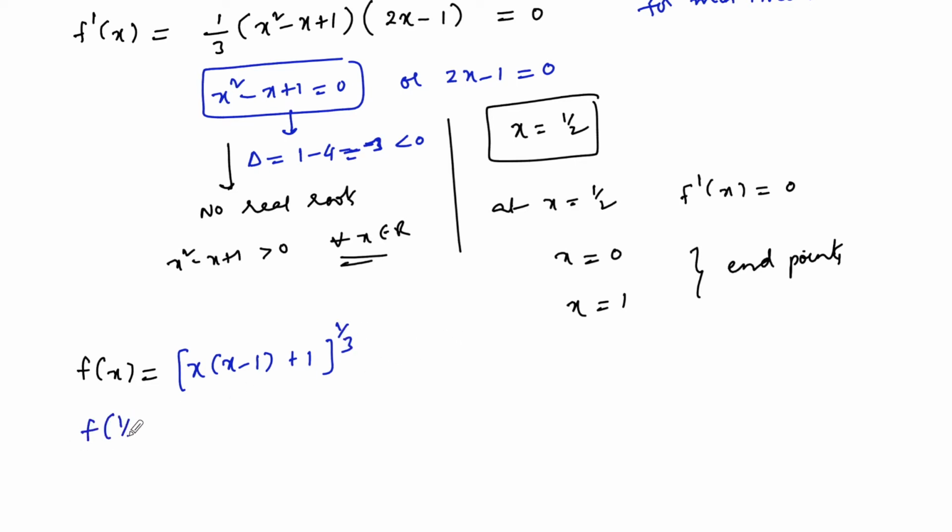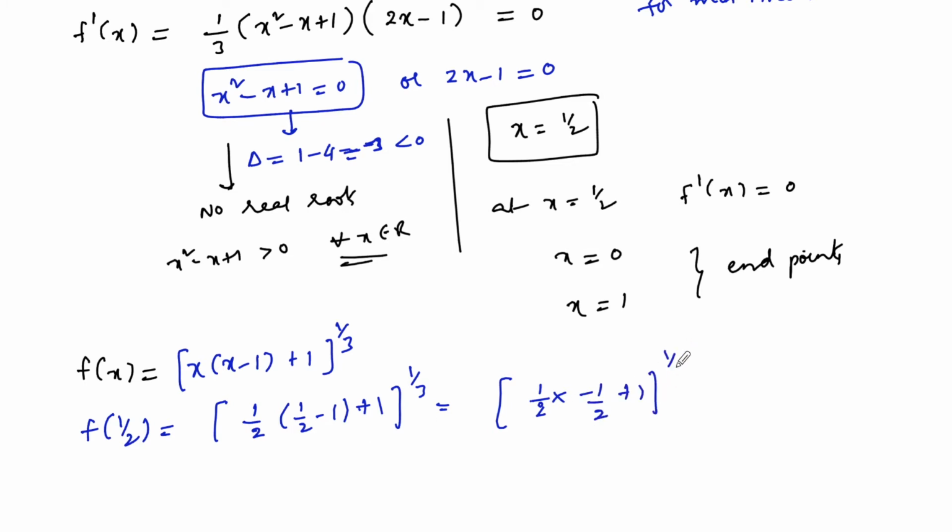Now let us substitute these 3 points. F of 1 by 2 is equal to 1 by 2 into 1 by 2 minus 1 plus 1 whole to the power of 1 by 3, which is equal to 1 by 2 into minus 1 by 2 plus 1 whole to the power of 1 by 3, which is equal to 1 minus 1 by 4. That's 3 upon 4 whole to the power of 1 by 3, which is less than 1.